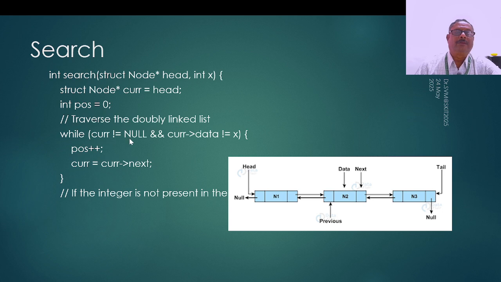If the first one breaks, it means the first condition is not true, meaning we have reached the end of the linked list, or if the second condition fails, it means we have reached a node where the data is x itself, so we break it.